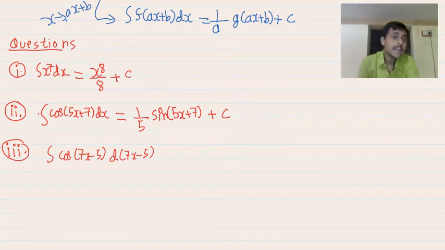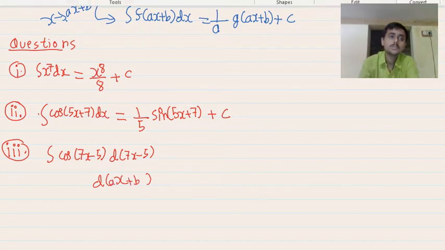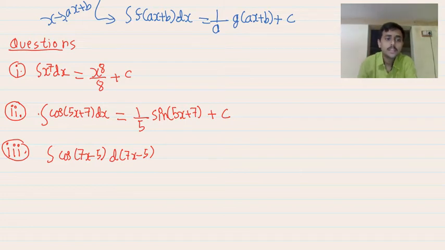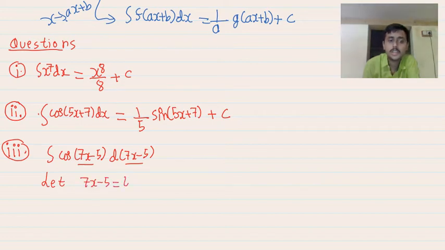We have not seen any formula where the variable with respect to which we are integrating is not x but ax plus b. So what we do is we observe that 7x minus 5 are common. So we will say let 7x minus 5 be equal to t.